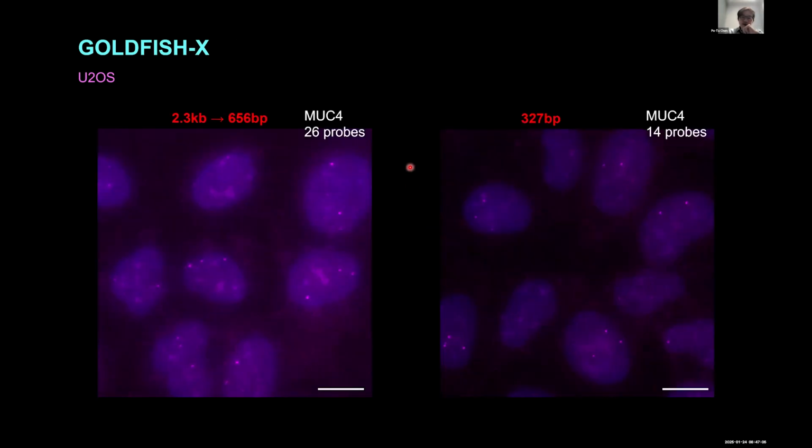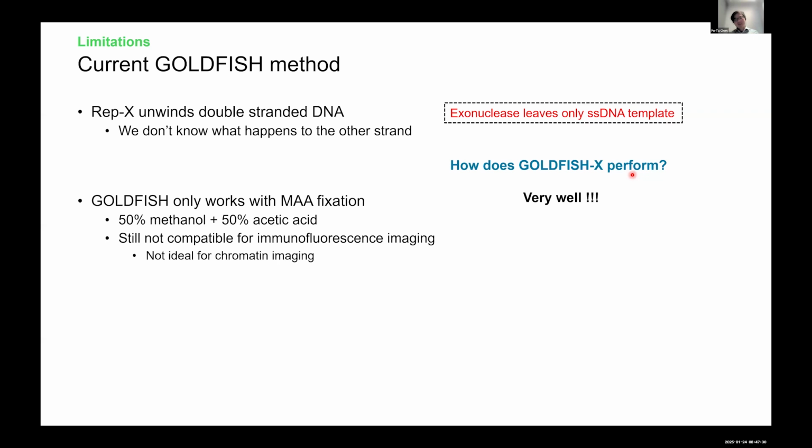This is another example. Before, I was showing data from labeling of beta-actin. There's another gene, MINSYN4. We can see that when reduced from 2.3 kb labeling to 650 base pairs, we can still see quite bright spots. At roughly 330 base pairs, we can still detect the DNA FISH signal. So at this moment we are convinced.